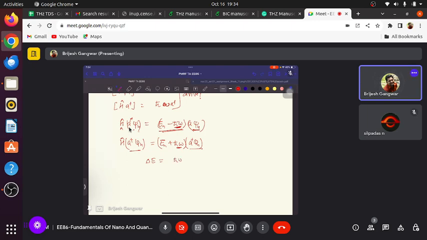Okay, so the ground state can be found by assuming that the lowering operator possesses a non-trivial kernel, like a psi 0. If we operate the lowering operator on the lowest state, that is the ground state, then it will give 0.